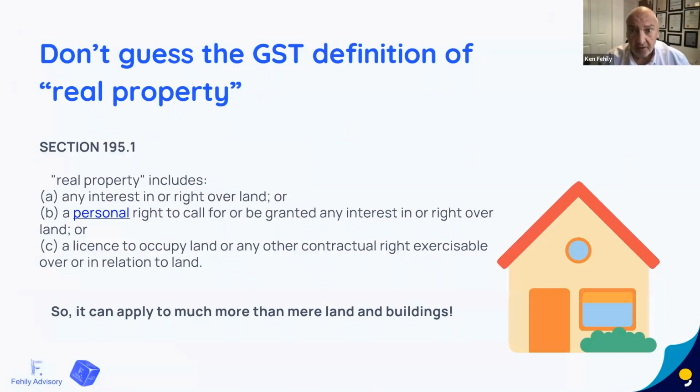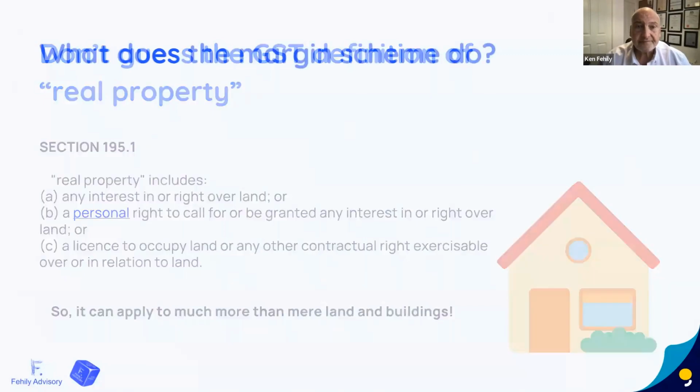They're building tunnels under the ground and it's making your house shake. Subterranean rights. And you might get compensation for them rattling and shaking your house because they're building underneath your land. That's real property. It's not just a house or a building. Real property is big. Margin scheme might be able to be used. It's not just land and buildings.